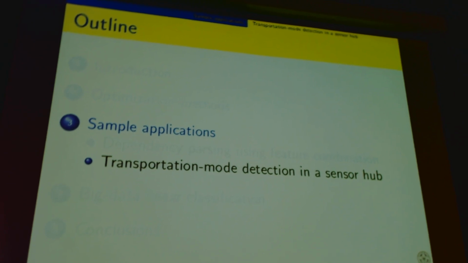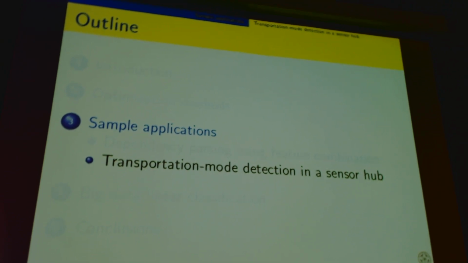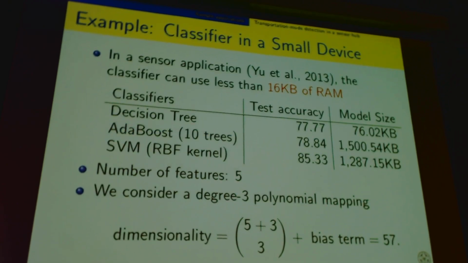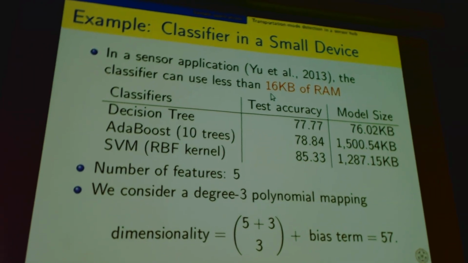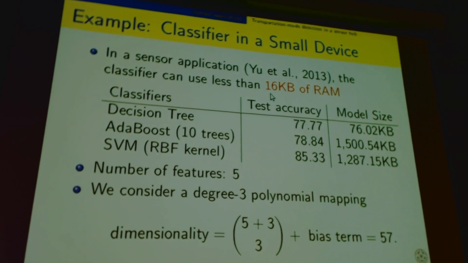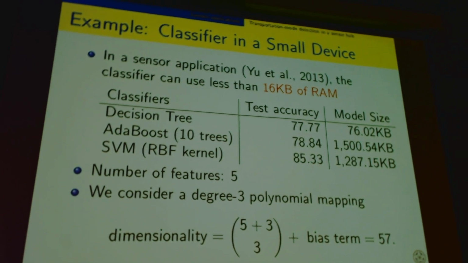Okay, let's move on to another interesting application. That's transportation mode detection in a sensor hub. In this real application, we actually deploy a linear classifier in a sensor hub. For this job, we want to put the classifier in a very small device, and this one has only 16K of RAM.